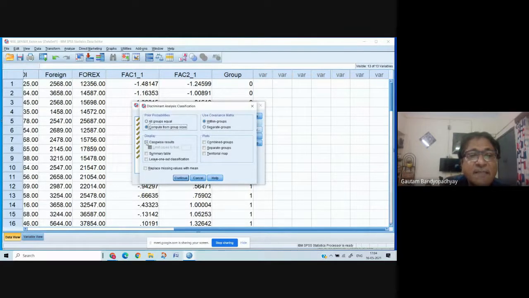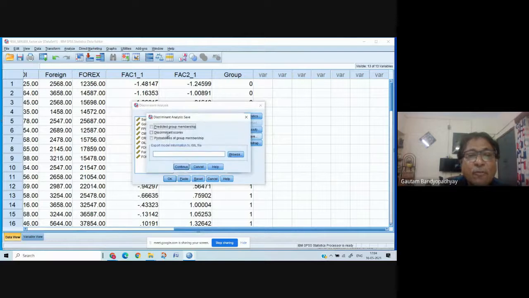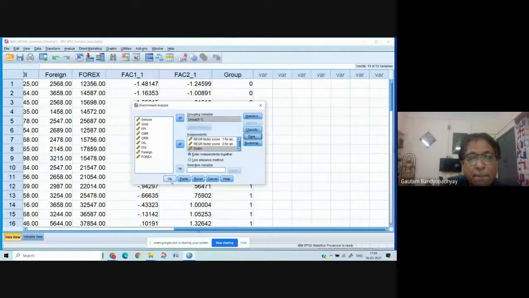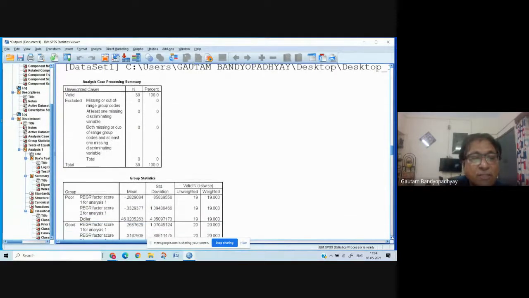I can display the case-wise results, summary table, and cross-validation, the leave-one-out classification. Continue. Then we go to Save: discriminant scores and probabilities. You can select all. Continue. Then click OK. So these are the outputs. Naturally today time is very short, so I'll show something.